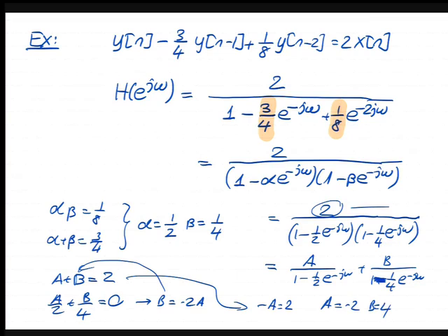Yeah, you're right. But I just did what you told me. Okay, oh, okay. That makes sense. So A is negative 2B. Therefore, negative B is 2.